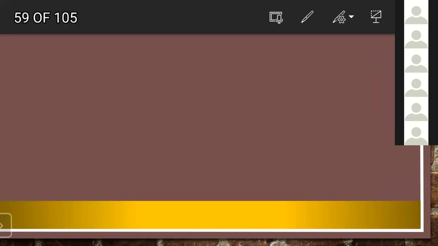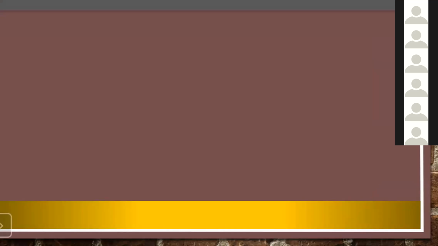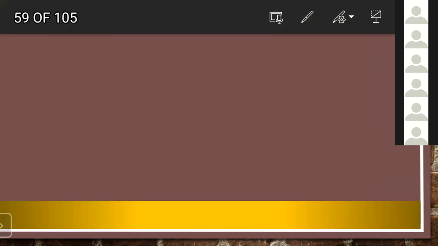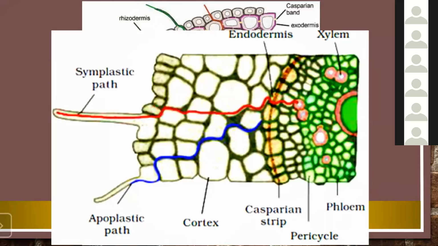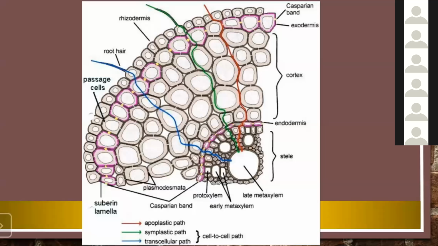So our time is running out, and I want to emphasize at this point that once water moves from the soil into the root hair, it means the concentration of the cell sap there is going to reduce compared to the concentration of the cell sap in the cortex cell, the next cortex cell.